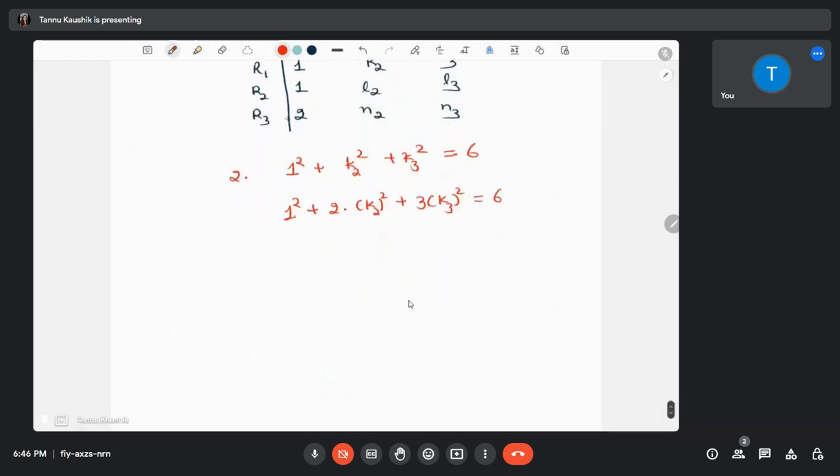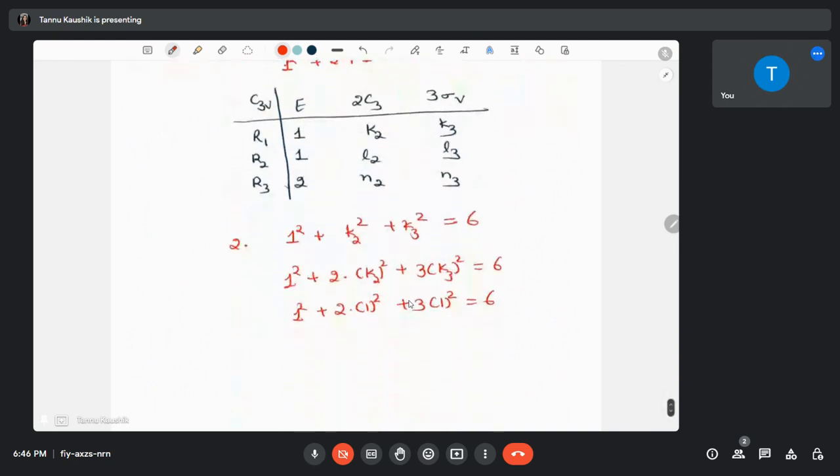So this should be equal to 6. So then what can be the value of k2 and k3? It will be 1 only. 1 square plus 2 into 1 square plus 3 into 1 square is equal to 6.